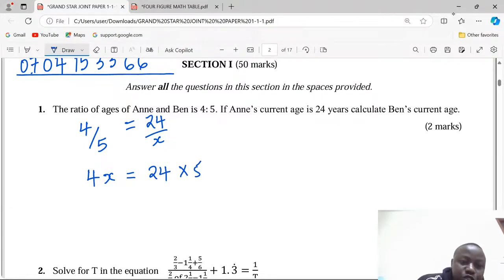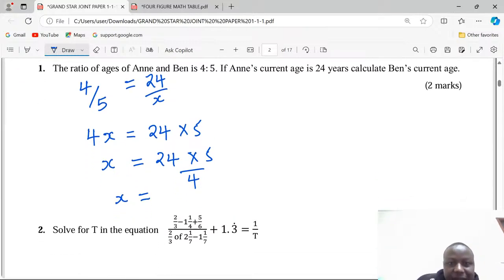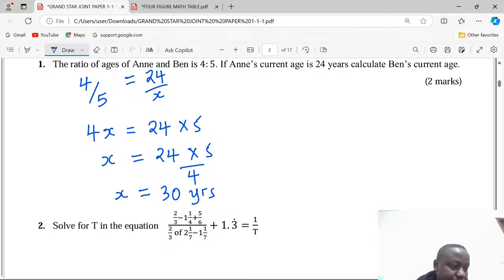After the cross multiplication, we remain with x having 24 by 5 divided through by 4. And this will give the value of x, which is Ben's age, as exactly 30 years. That is going to be the age of Ben in years.